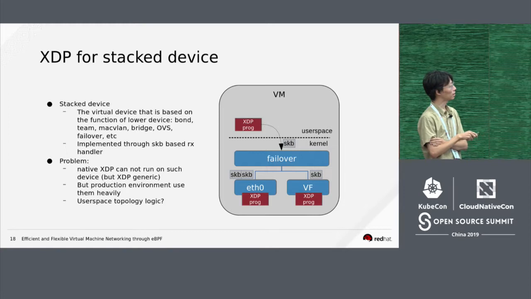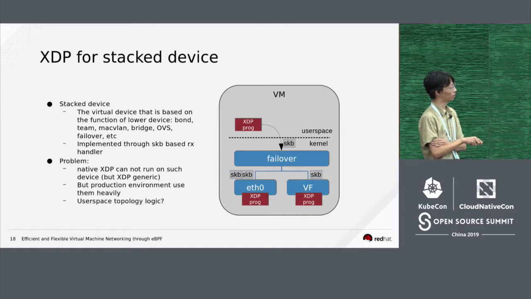XDP, how can we support the stacked device, for example bond? And one feature is that you rely on the underlying device to reflect the logic. For example, failover, OVS, and software transmission.